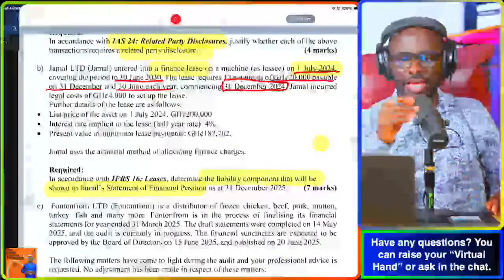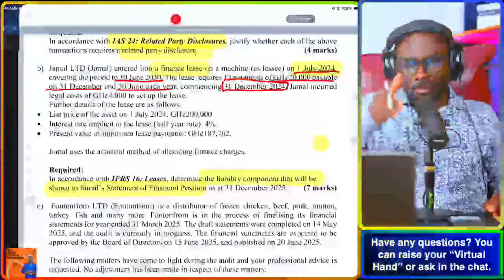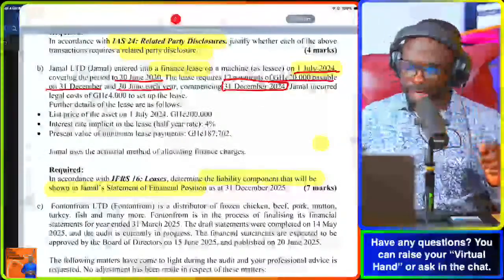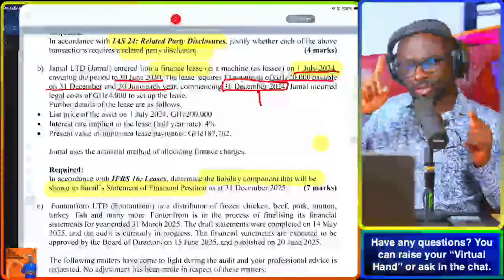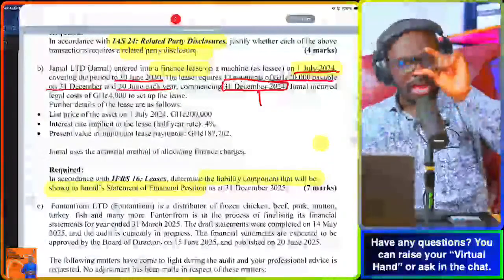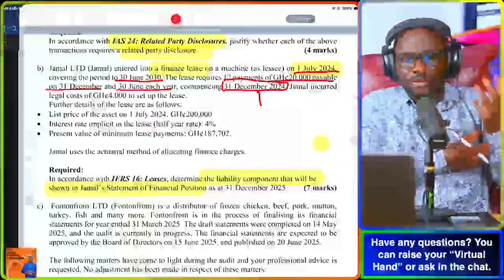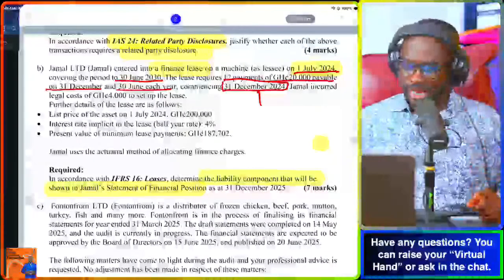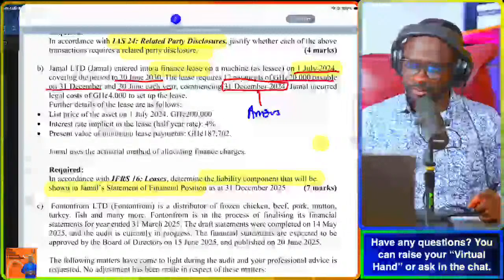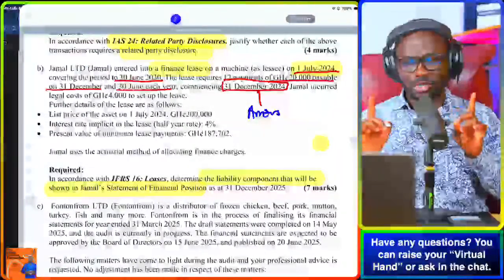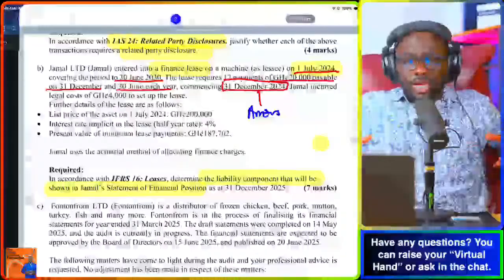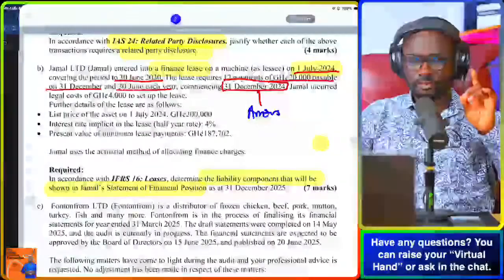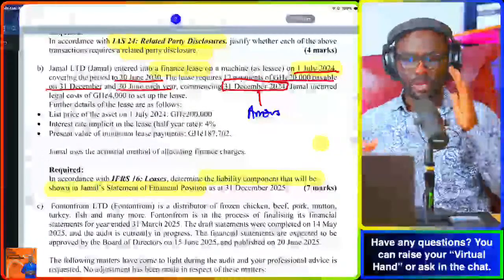So if you check here, the lease payment is 20,000 biannually or half yearly. Now, if the first payment is going to start on 31st December 2024 and the lease inception date was 1st July 2024, it means this lease payment is made in arrears. The reason why that is important is because it will affect our amortized cost schedule for the subsequent measurement of the lease obligation.